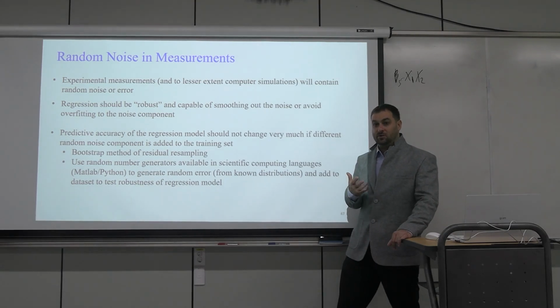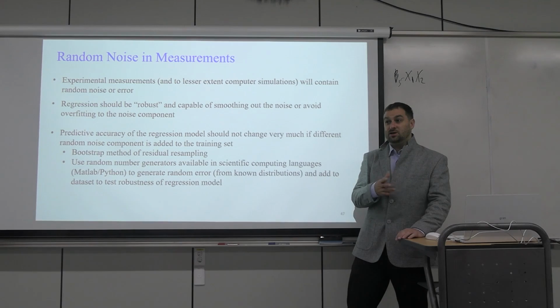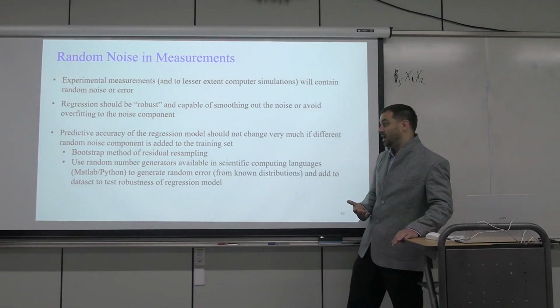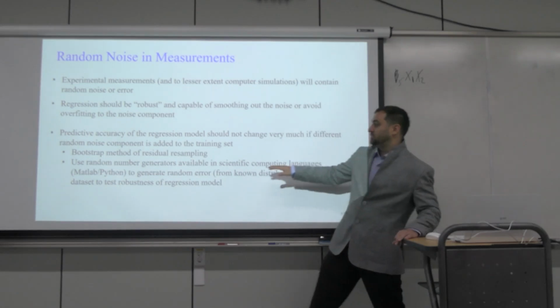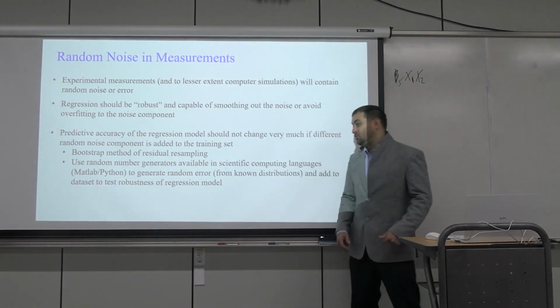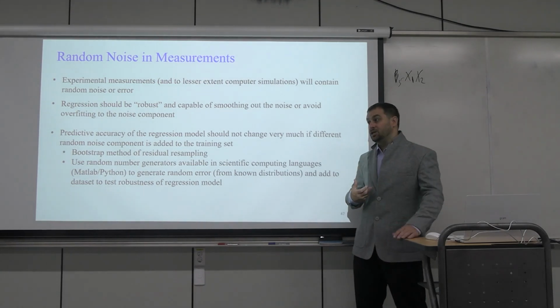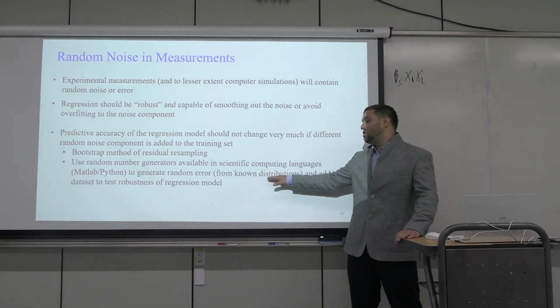Nowadays, since everyone has personal computers and we have access to scientific computing languages like MATLAB and Python, all of these languages have what are called random number generators. So it's very easy for us as analysts to generate our own random numbers, or our own random errors, from known distributions.